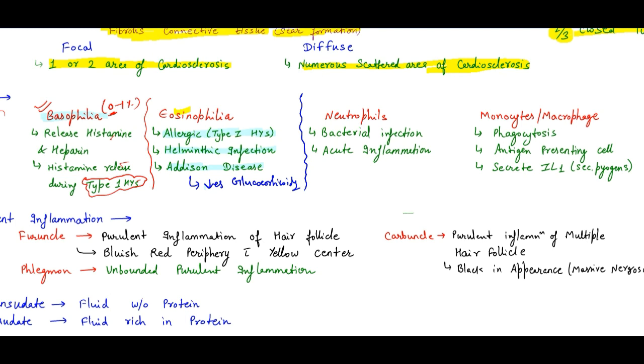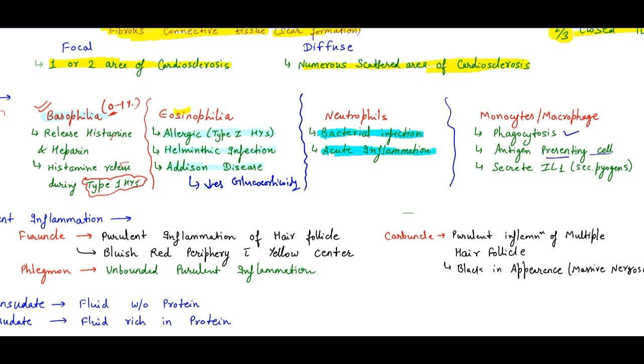Now neutrophils. We already discussed that neutrophils are for bacterial infection and acute inflammation. So if we have acute inflammation, which one will be there? Neutrophils. Now what about monocytes and macrophages? Monocytes and macrophages act in phagocytosis. These are antigen presenting cells.